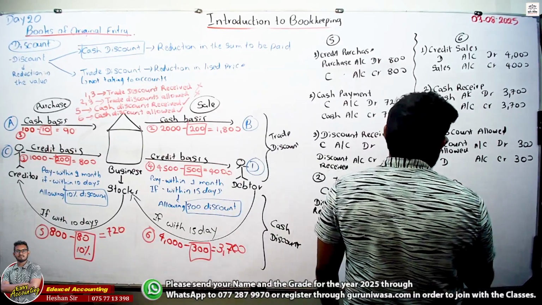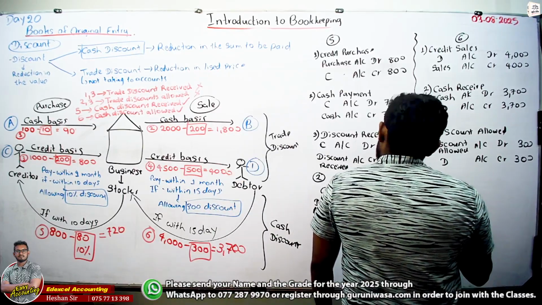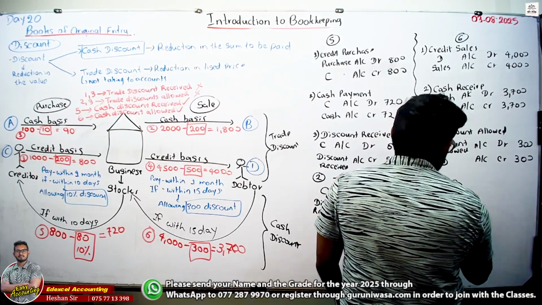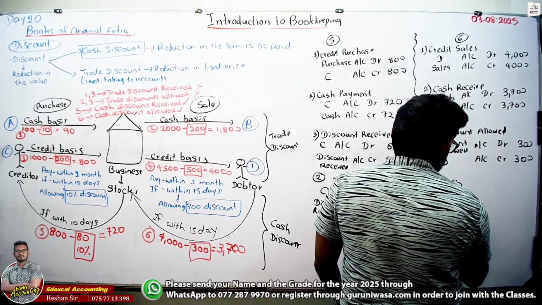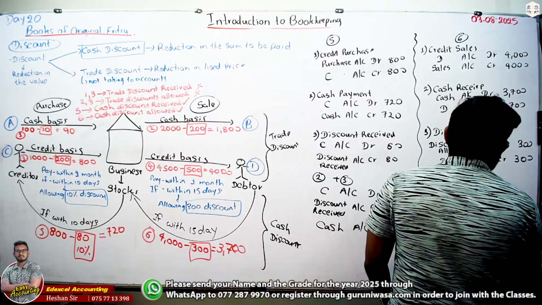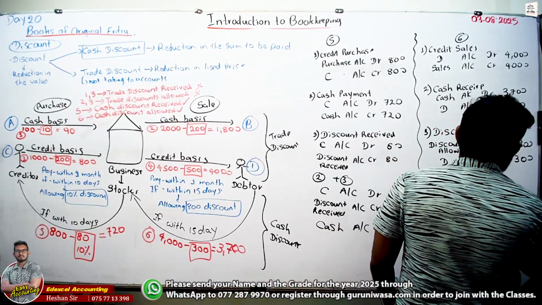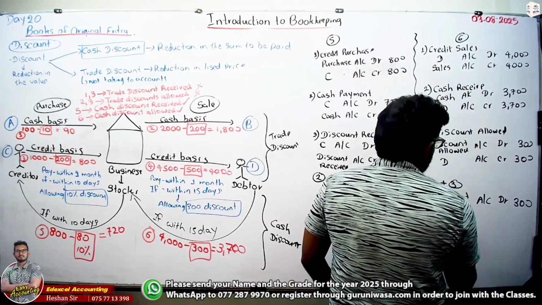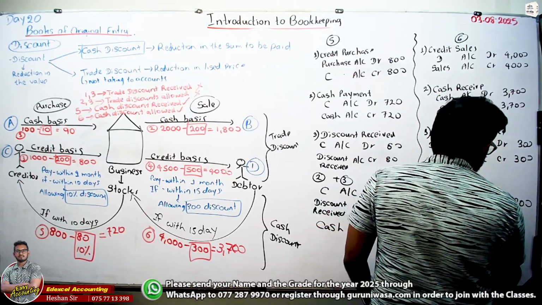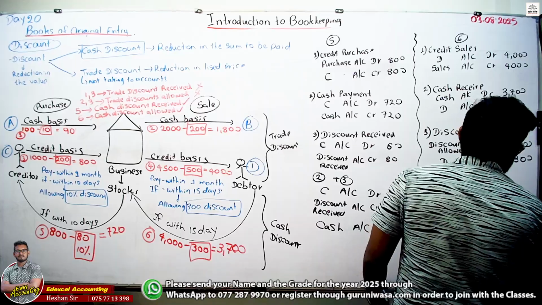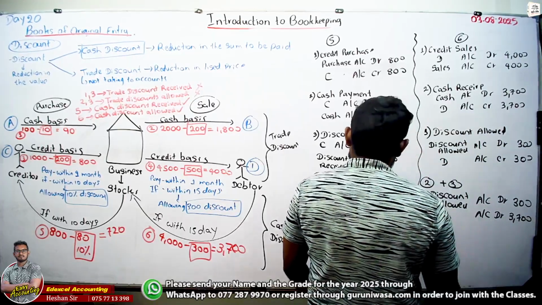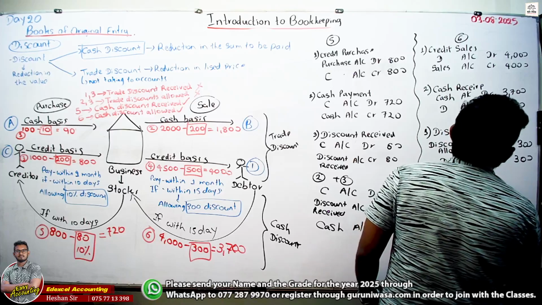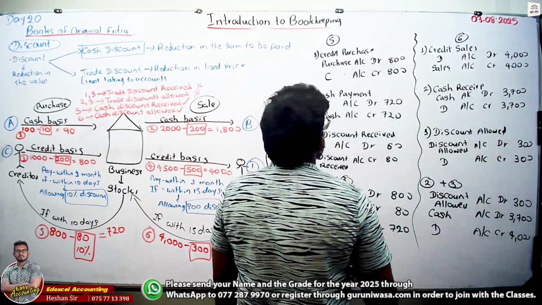In here, discount allowed account debit 300. Right. Cash account debit 3,700. D's account credit 4,000.